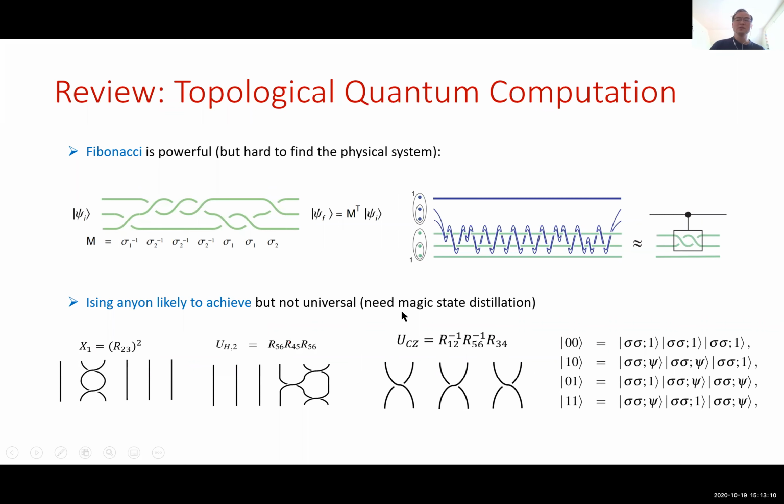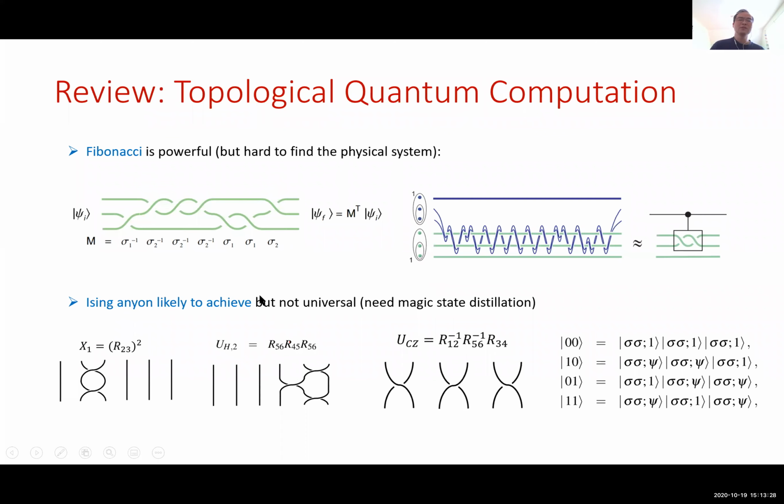They are not universal, so they need extra work, such as magic state distillation, to be able to do universal quantum computing.